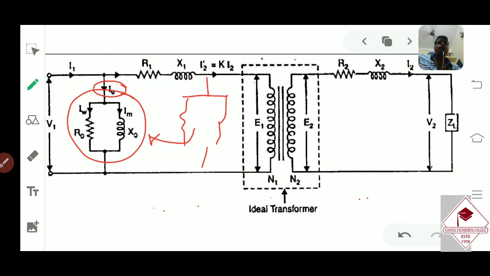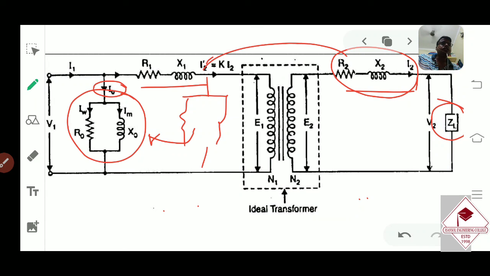It is 1 to 2% of the full load current, so that is why it is possible. The remaining portion is the same as it is. In the next step we will shift these parameters to the primary side so that we can remove this core.